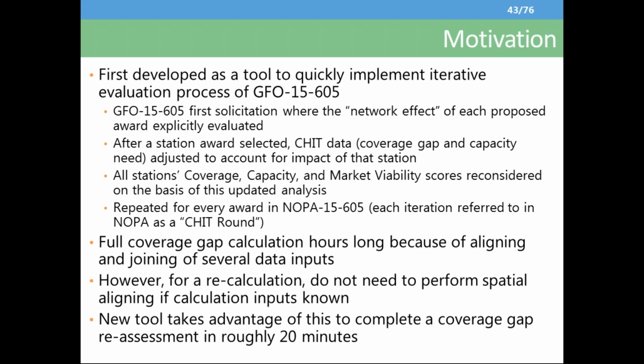To perform this adjustment of the data and of the output, you shouldn't need to go through the full 8 hour process, realigning all the data, re-aggregating all the data just to make one small change. So this tool takes advantage of the fact that all the data is there, that you're really only making changes in a small limited area, and that you only need to do one calculation across the state to re-normalize everything. So next slide.